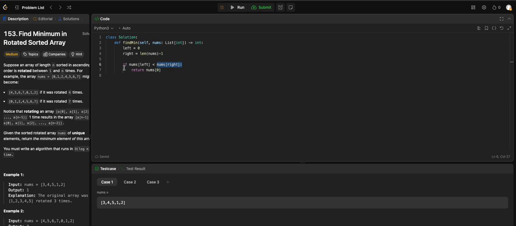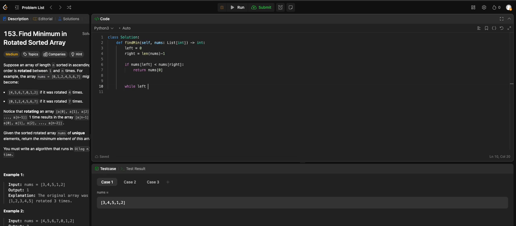It means the array is already sorted, and the minimum number will always be the first one. If that is not the case, then you will use binary search algorithm.